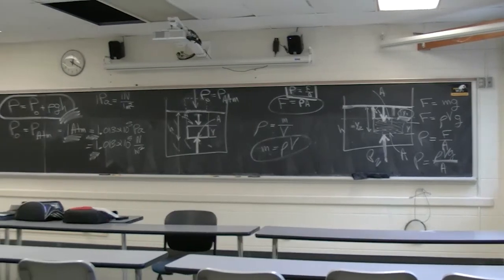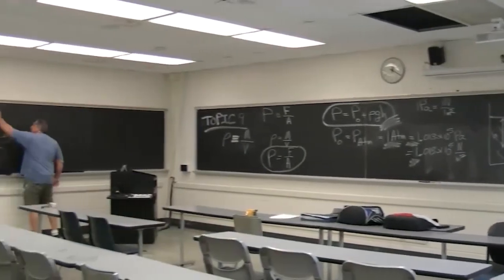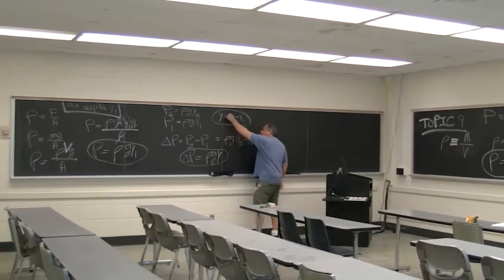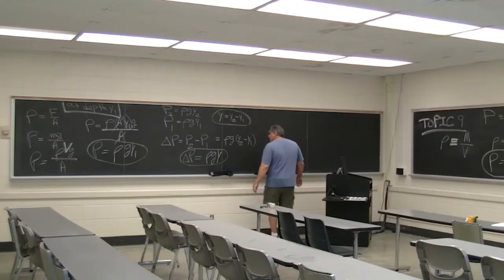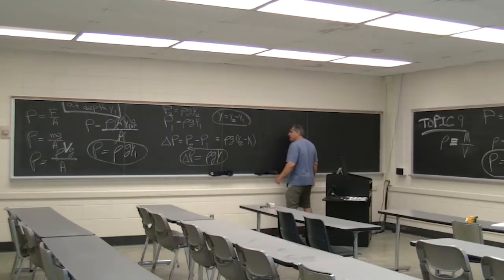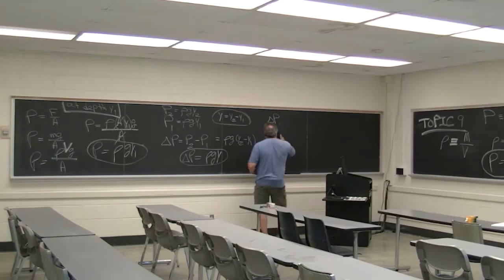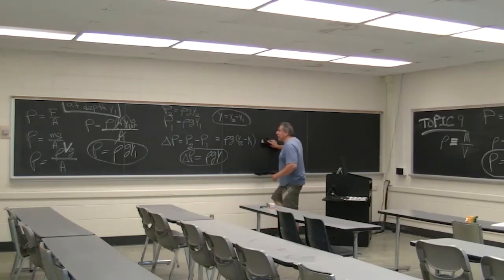Y2 minus Y1 is Y. That's the change in pressure, delta P. If you were to multiply by A, I can argue this a bunch of ways with you, so I want to make sure you're okay with it.